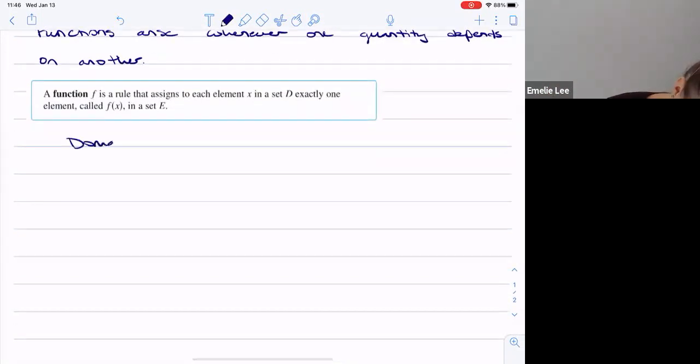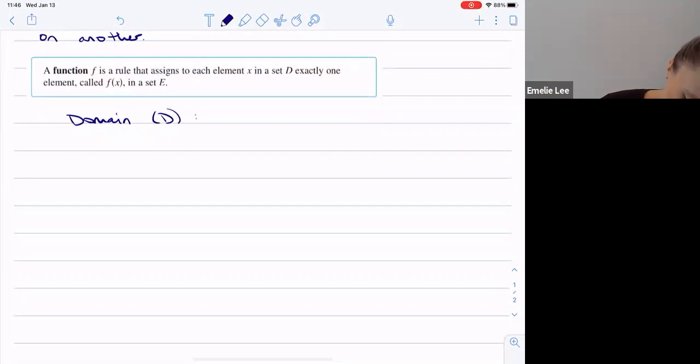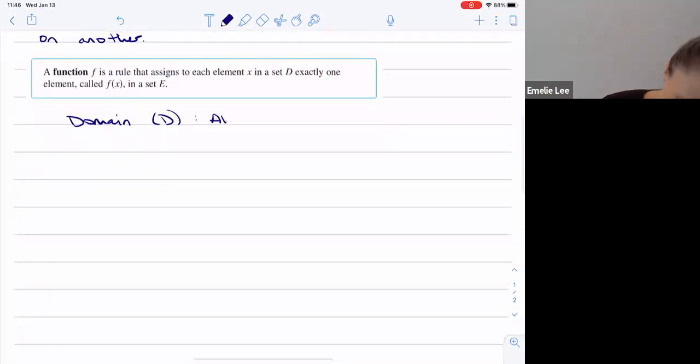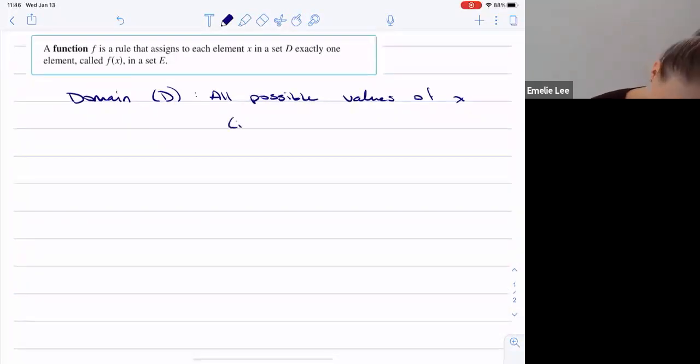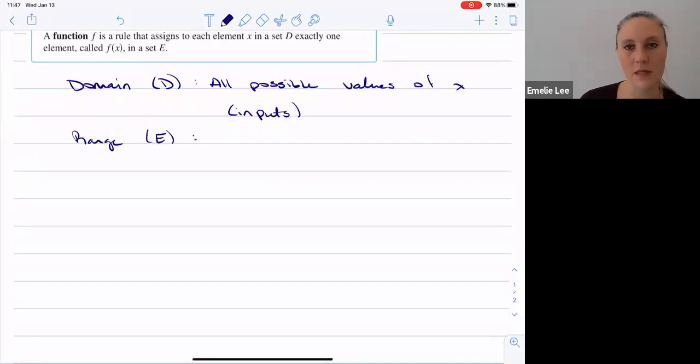So the domain D from above is all possible values of x, which are inputs, and the range, which above they called E, so some set E, is all possible values of f of x, which are your outputs.